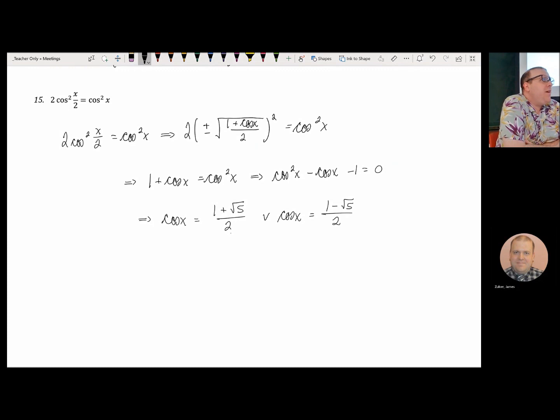Cosine cannot be 1 plus root 5 over 2. That's larger than 1.